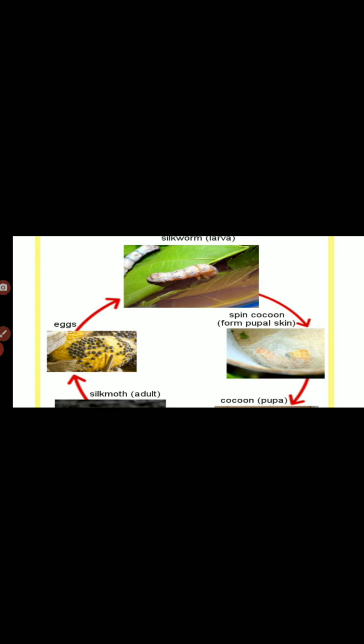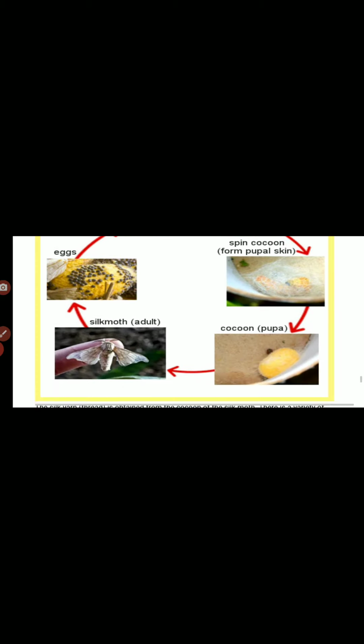Inside that the caterpillar will be there, and now it is called a pupa. You can see the pupa inside, the cocoon outside. Is it clear? That is the rearing of silkworms. You can get the cocoon. Till the step of cocoon, we say it is rearing of silkworms.